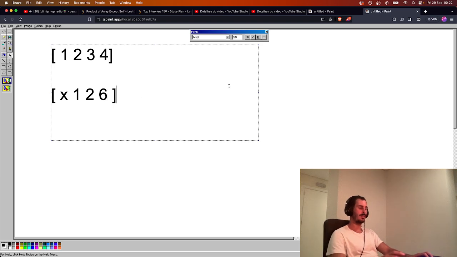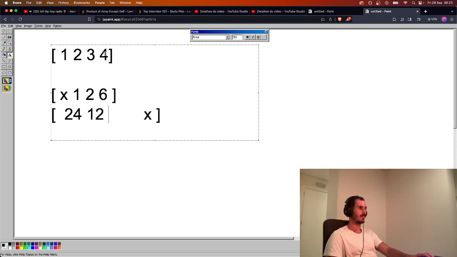And now we can do the opposite thing. So we want to know what is 2 times 3 times 4 and put it here. It's 24. And now 4 times 3 is 12.